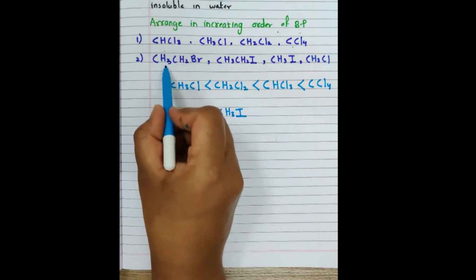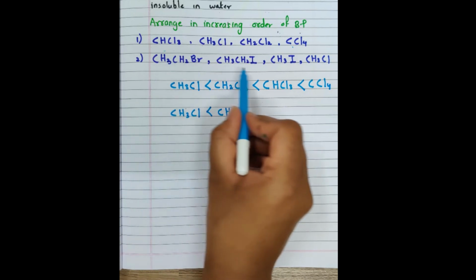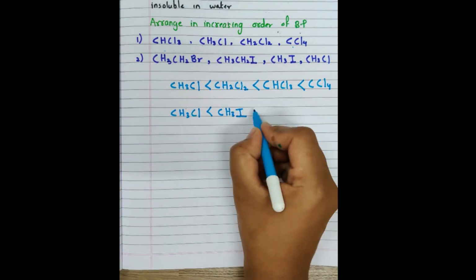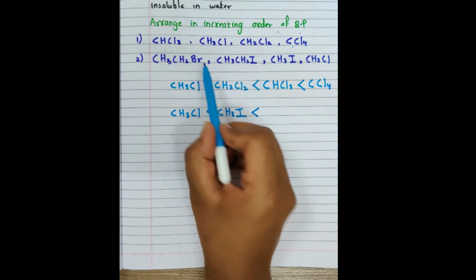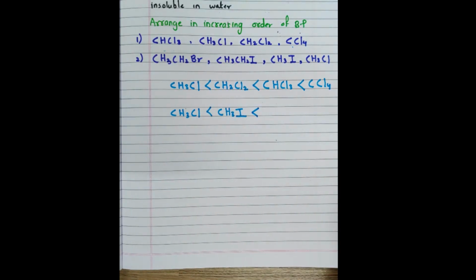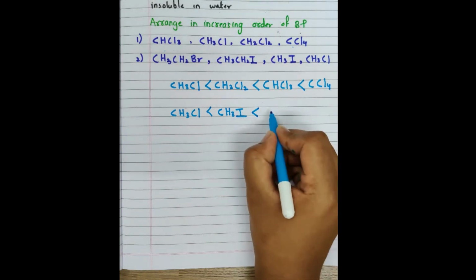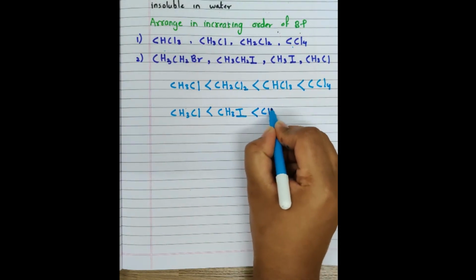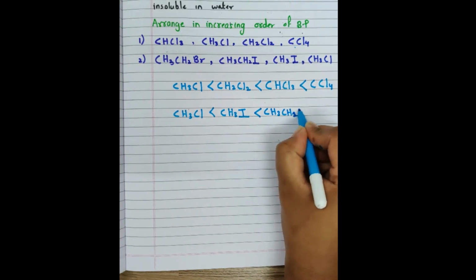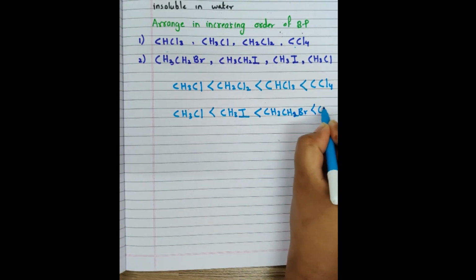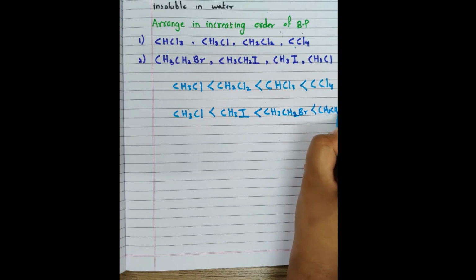Then out of bromoethane and iodoethane, next will be bromoethane because among iodine and bromine, bromine is smaller in size, and the ethyl groups are the same, so it will not make any difference. So bromoethane, and in the last we'll have iodoethane.